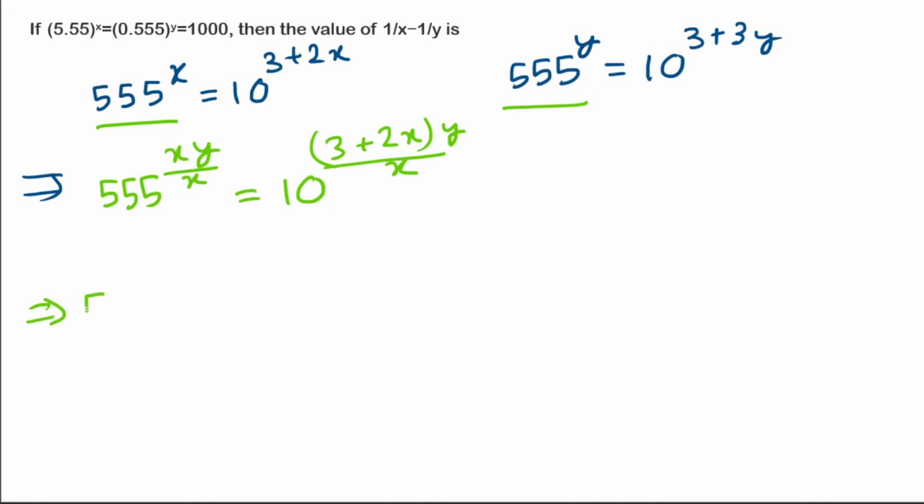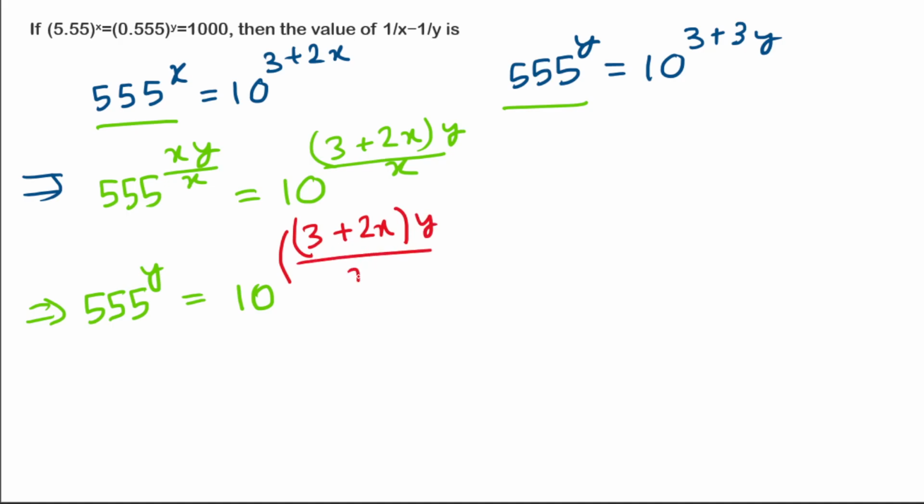So this turns out to be 555 to the power y equals 10 to the power, this is the important term here, 10 to the power 3 plus 2x y by x. Now what you can see, this term and this term should be equal because this term is equal to this term, right?